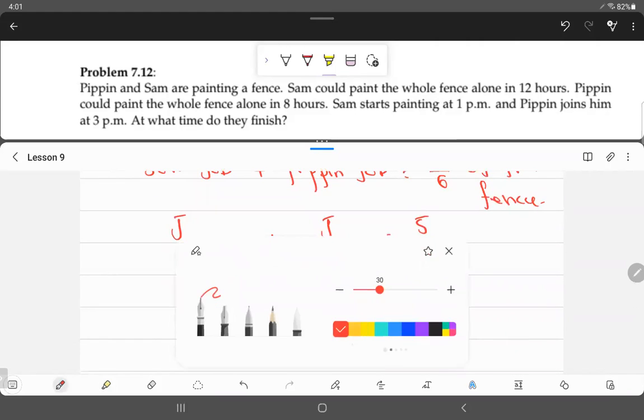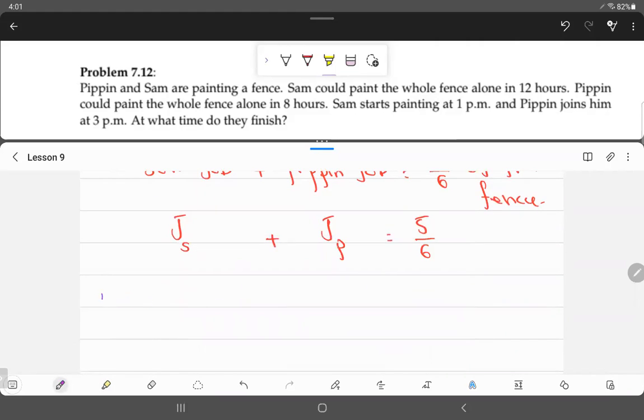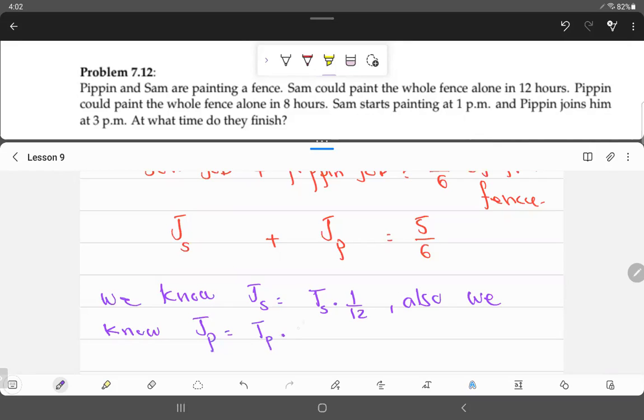We know that JS equals TS times 1 over 12. Also, we know JP equals TP times 1 over what? 8 hours.